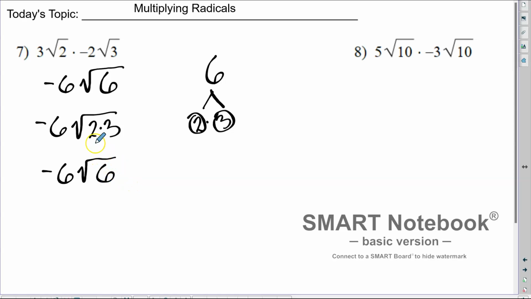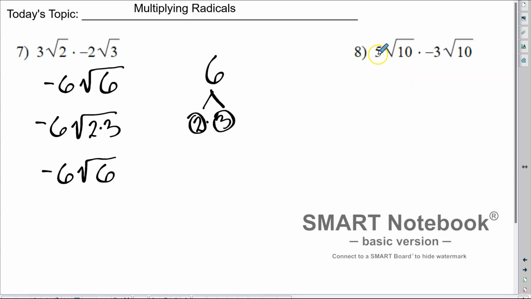Now, if it seems kind of like an unnecessary step, in this case it was, but this process is going to help you with other scenarios where there is pairs. And let's look at that in this case.